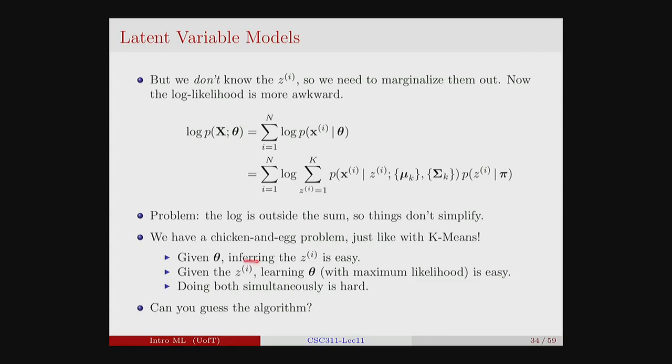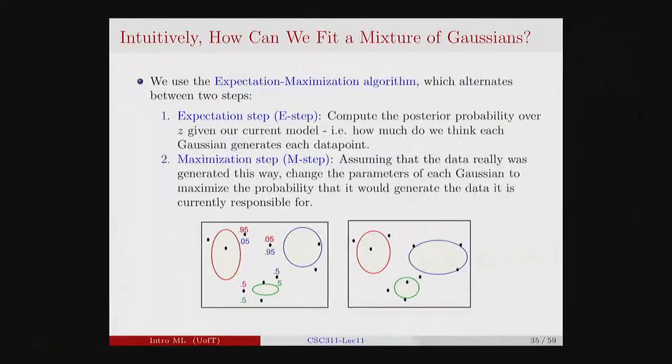Next, given the inferred values of those latent variables, we're going to update the parameters. So we're going to do maximum likelihood estimation on the parameters by pretending that our guess for what the latent variables were actually the true values of the latent variables. And we're going to do this in an iterative fashion. And this iterative algorithm is called the expectation maximization algorithm.